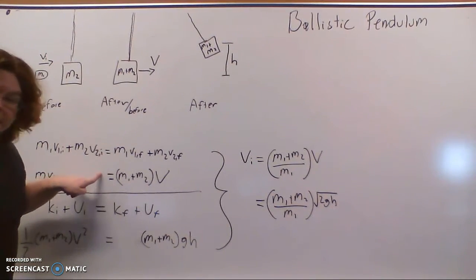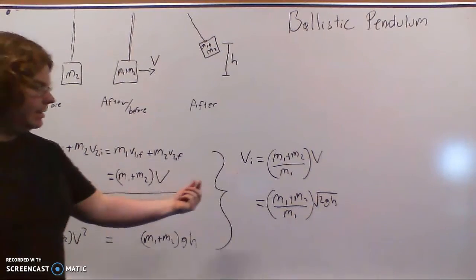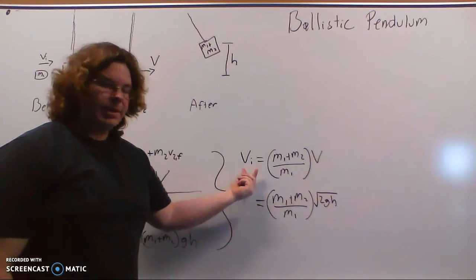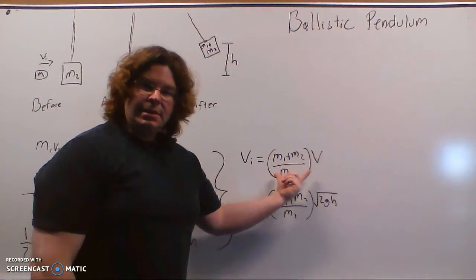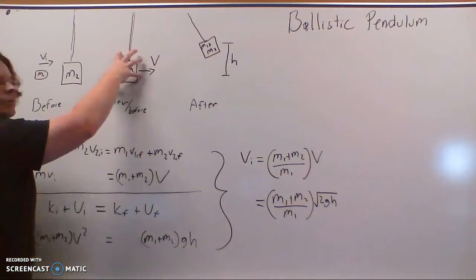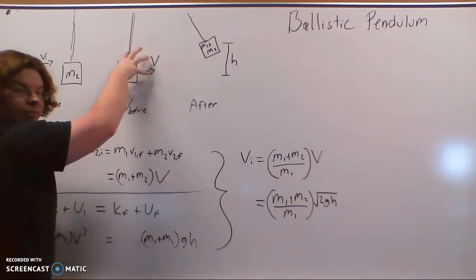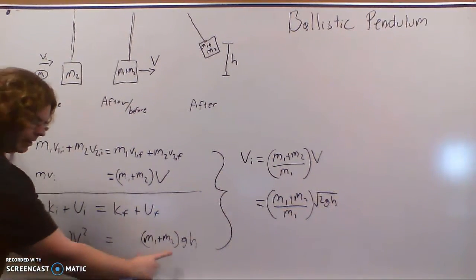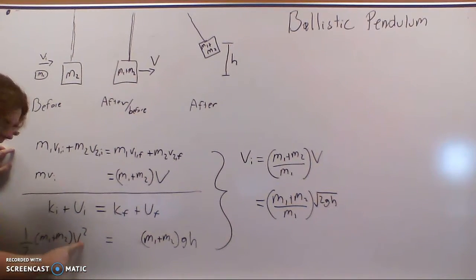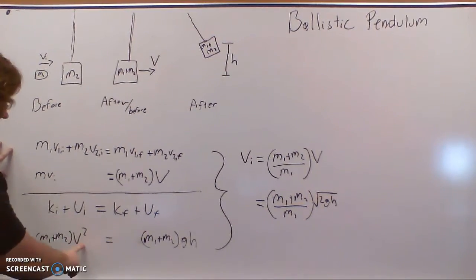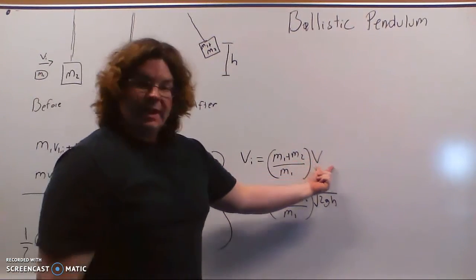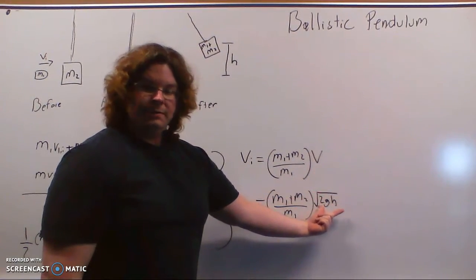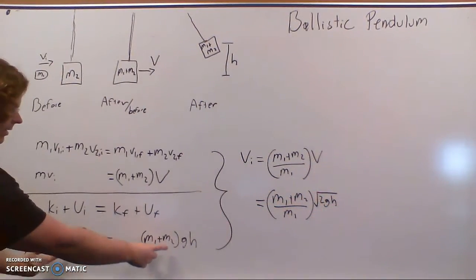We can take this expression and rearrange it so that we get the incoming velocity of the bullet as a function of the masses and the velocity of the two things moving together right before they swing up. The m1 plus m2s cancel out on both sides, and I can solve for that large V. When you do that, it turns out that expression is just the square root of 2gh. Again, the masses cancel out.